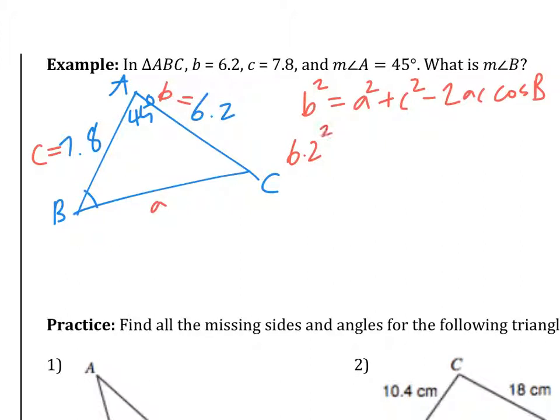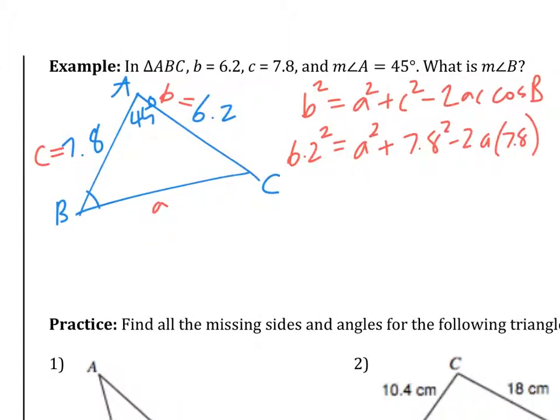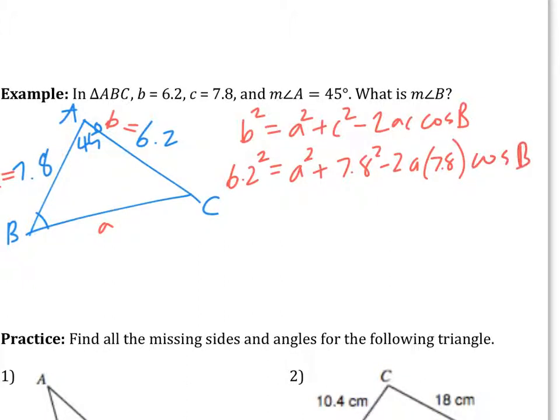Okay, 6.2. 6.2 squared equals A squared plus C squared. Am I doing this wrong? Okay, C squared, so 7.8 squared minus 2A times 7.8 cosine B. That's not helping us at all.